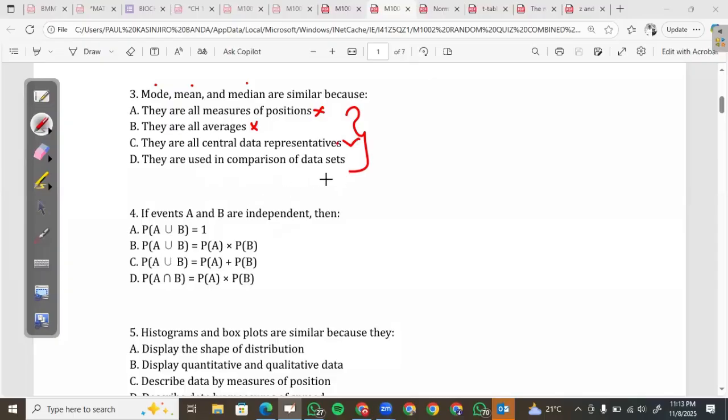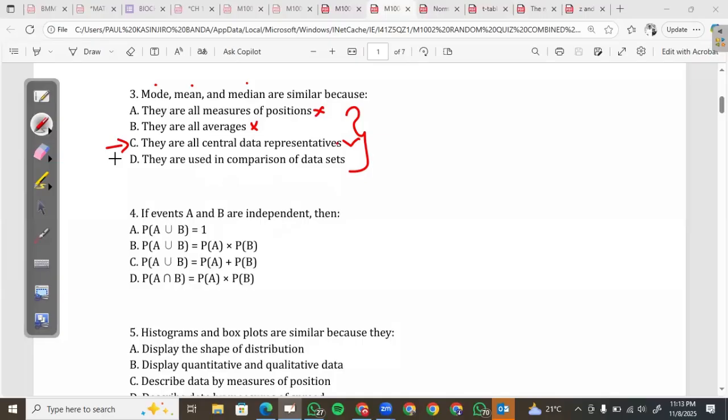Yeah, it can be true, they are used to compare data sets. But in this case, the best answer is that they are similar because they are all central data representative. They are measures of central tendency. So we are going to pick this C as the best answer.